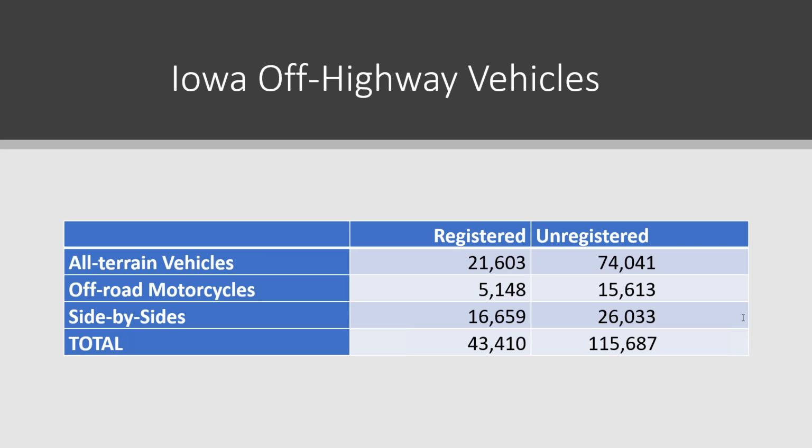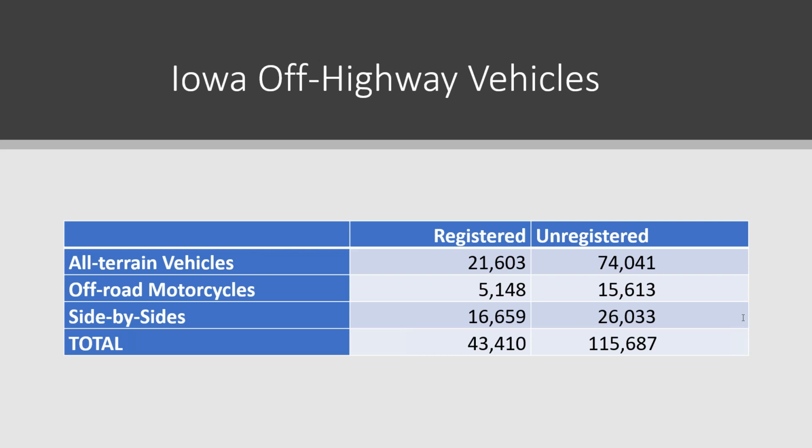Maybe some of them aren't active anymore, but they don't want to turn the title in. Maybe they don't ride them in public places, so they don't need to register them. So what we decided to do was we had our registered machine results, and then we made an assumption that 75% of the unregistered machines were active. The other side of that coin is that 25% of them were mothballed in a shed somewhere.